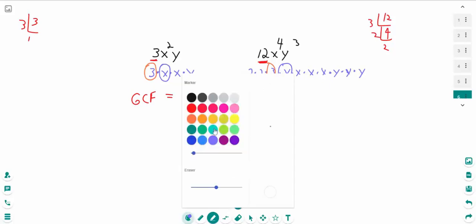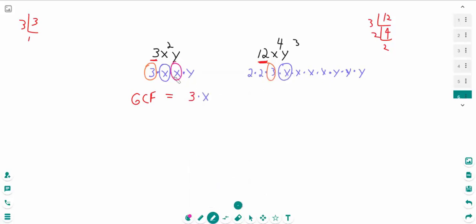Then I can look for other ones, and I can say, I have a second x here, and I actually have a second x here. So that would make another x down here in my greatest common factor. Next, I have a y in this one, and lo and behold, I do have a y way down here in the other one. So I can multiply it by a y. Now, I've used everything on this term, so there's nothing else I can do.